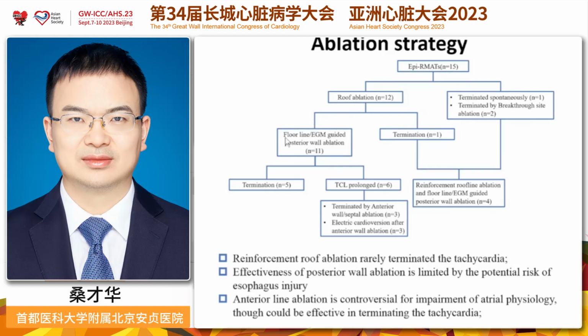We could terminate another 4 patients, another 5 patients. There were 6 patients whose tachycardia could not terminate. So we used anterior wall septal or septal ablation. There were 3 patients still in tachycardia, so we did cardioversion at last.